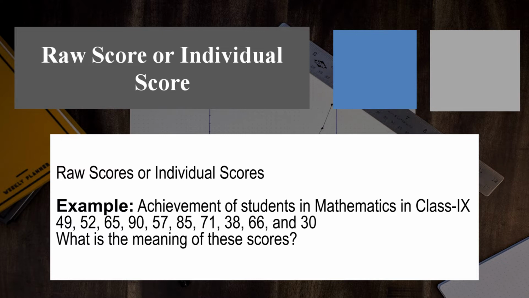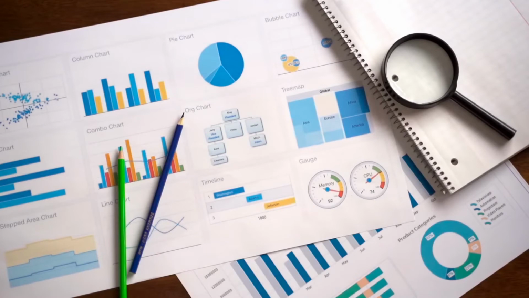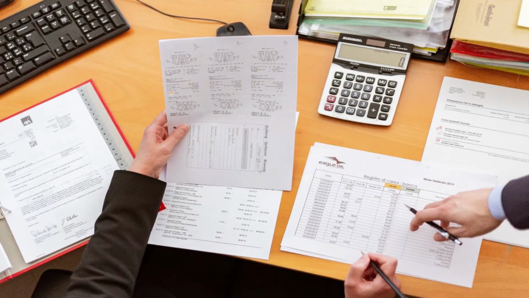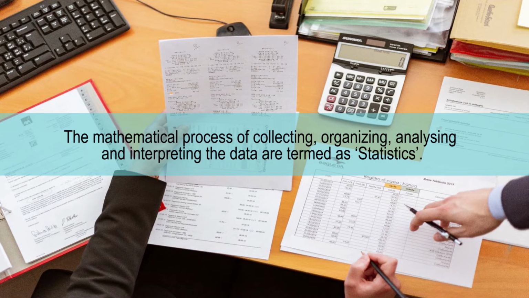to emerge from that raw score. Now, further to understand the concept of statistics, I can say that the mathematical process of collecting, analyzing, and interpreting the data is termed statistics. So here, what I was saying earlier, an individual score has very limited meaning or no meaning at all.